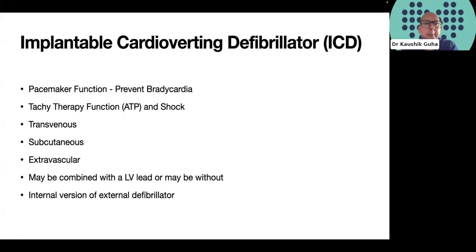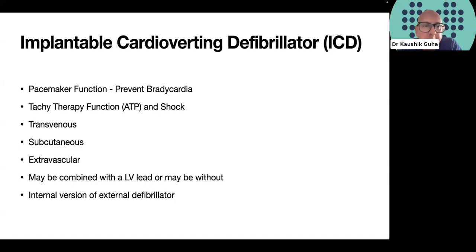So in terms of our options, we may need to consider our patient for an ICD, or implantable cardioverter defibrillator, which is the internal version of the external defibrillator, which many of us have either within our emergency response vehicles or our surgeries or in the community. They have two functions.